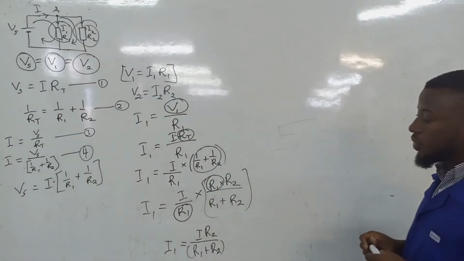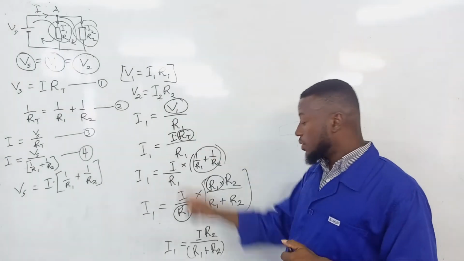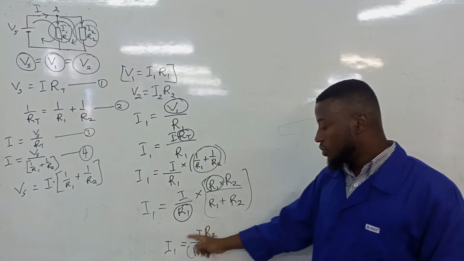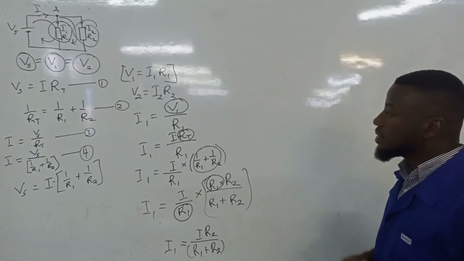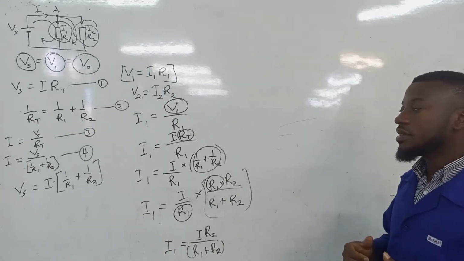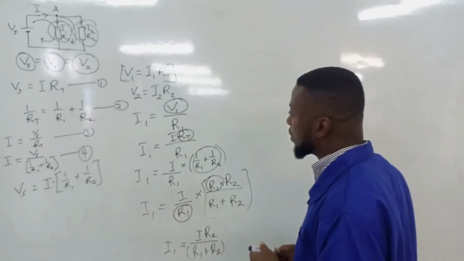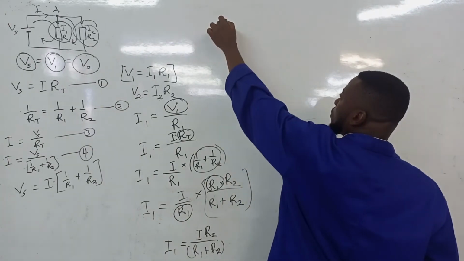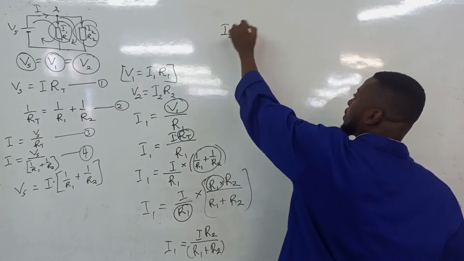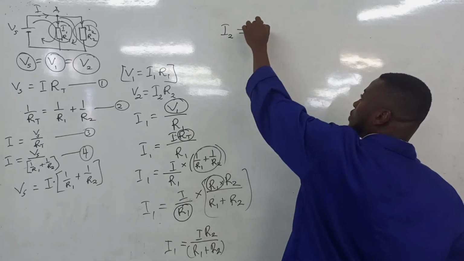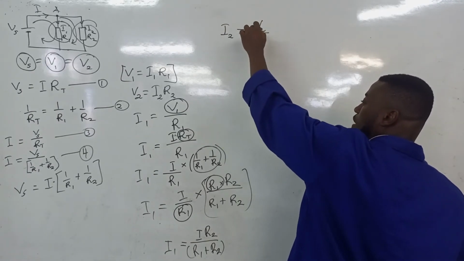So if you want to find the current in resistor 1, this is what we do. If you want to find the current in resistor 2, which is I2, we use the same relation. We say I2 is equal to V2 on R2.